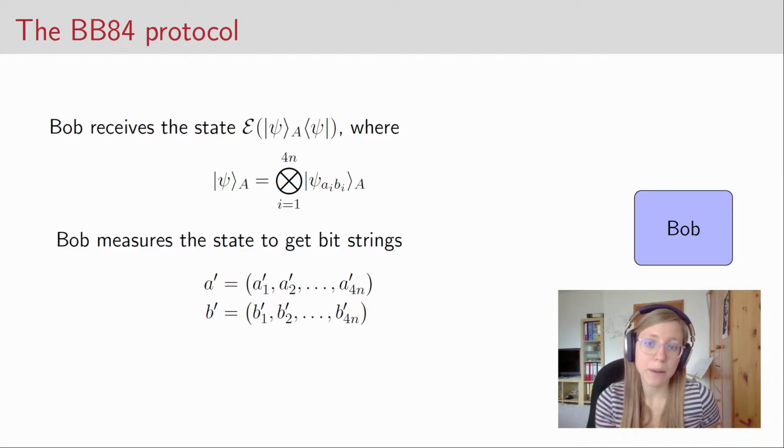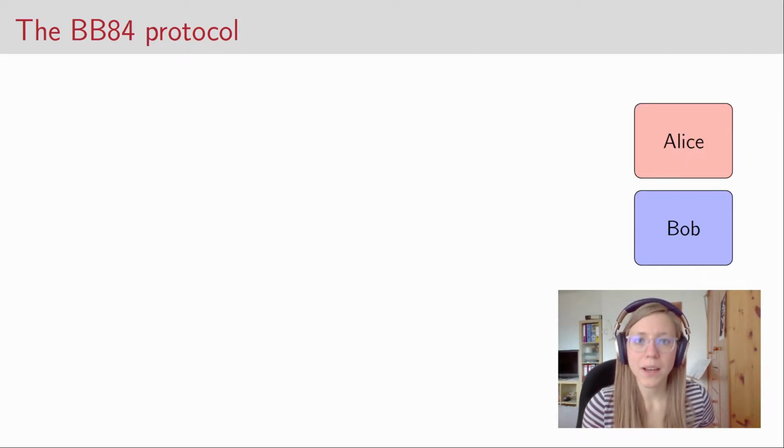Some string A prime, which is the analog of Alice's string A, where the key bits are stored, and a bit string B prime, which notes which basis Bob has chosen for his measurements. So Alice and Bob now both hold 2 bit strings. One bit string, A or A prime, where the actual key bit is stored, and one bit string, B or B prime, where the basis they chose is stored.